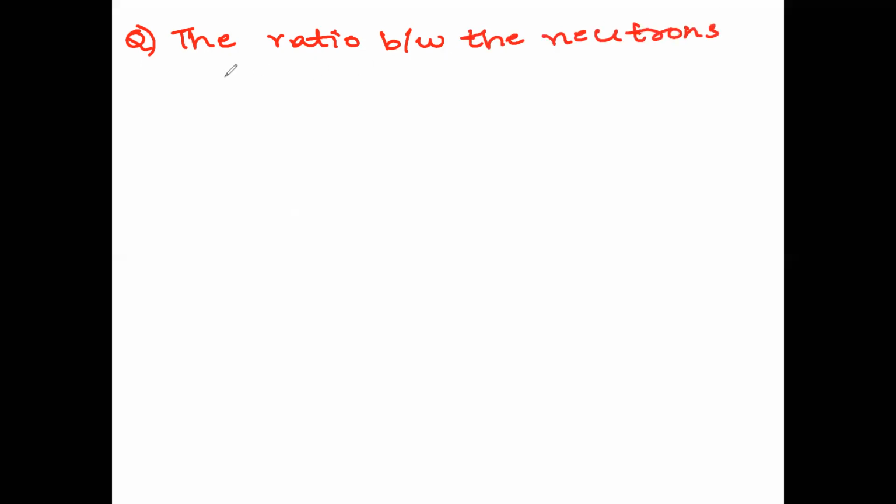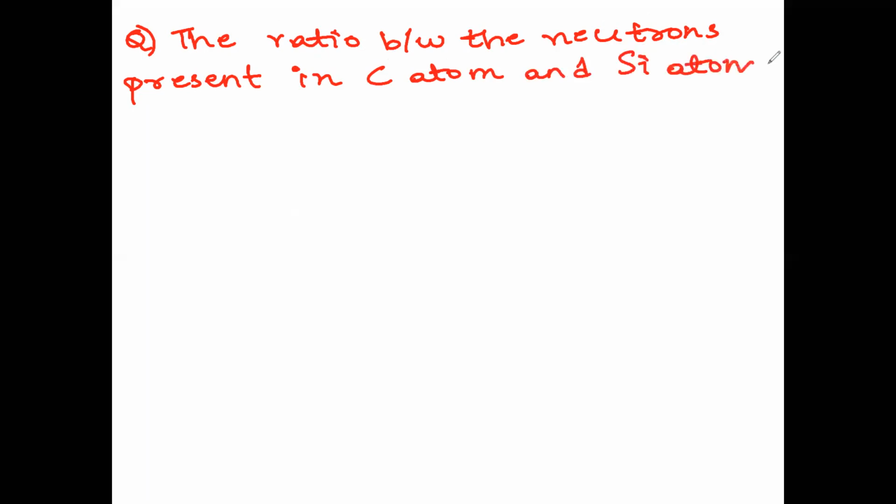The ratio between the neutrons present in carbon atom and silicon atom with mass numbers 12 and 28 is.